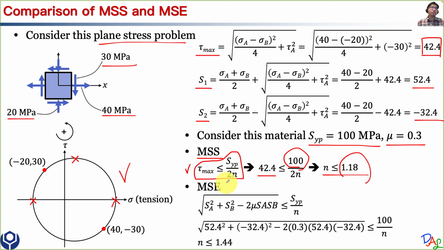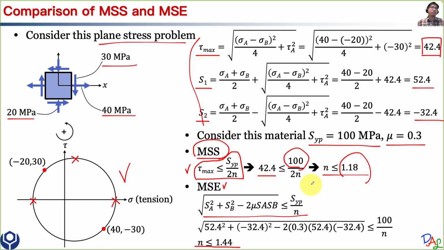Now let's try to use the maximum strain energy model. So this is the one, and we plug in all the numbers that we know from here. And when we solve it at the end, the safety level becomes greater. So for the most conservative model, the maximum shear stress model, we only have a safety level of 1.18.